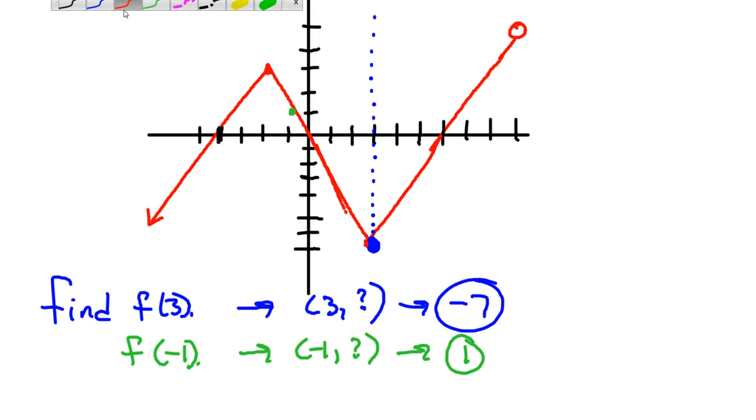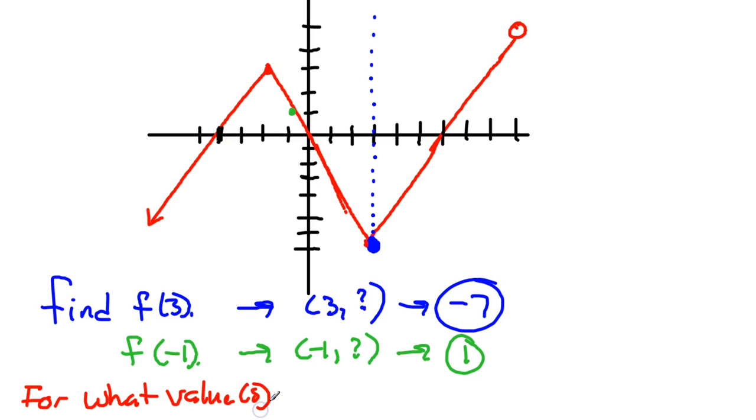Okay, and here's where they'll go in reverse on these. Now they'll say, all right, for what value or values of x is f of x equals 0?